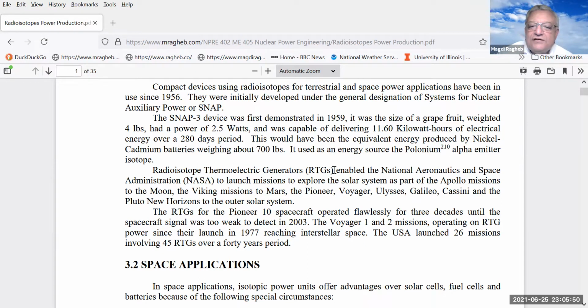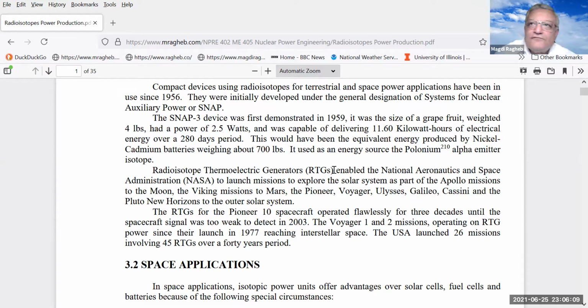Without those RTGs, we wouldn't have been able to launch missions like the Apollo missions to the moon, the Viking missions to Mars, the Pioneer, Voyager, Ulysses, Galileo, Cassini, and the Pluto New Horizons even to the outer solar system.